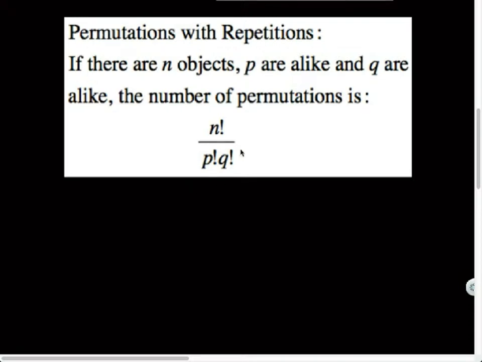So basically I just divide by the number of reps that occur. And let's say there was another thing in the list that was repeated, then I would divide by r factorial or s factorial. I just keep dividing by the number of things that were repeated, factorialize it, and I'm good.